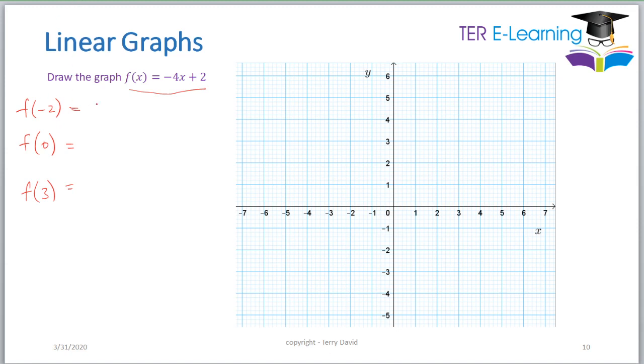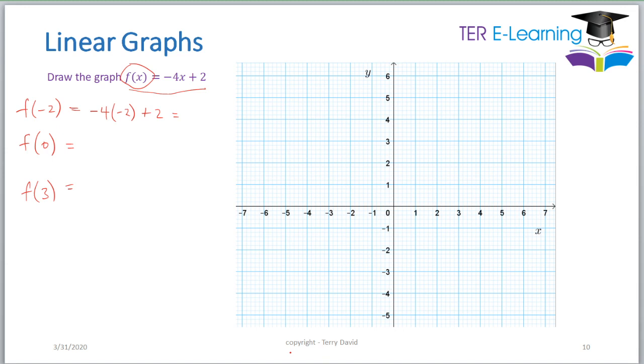Alright, so let's do the substitution. All we're doing is substituting values into this function. This is going to be minus 4 multiplied by minus 2 plus 2. Minus 4 multiplied by minus 2 gives me 8.